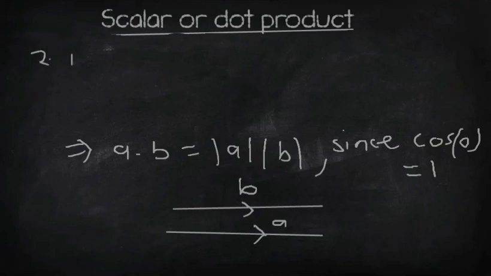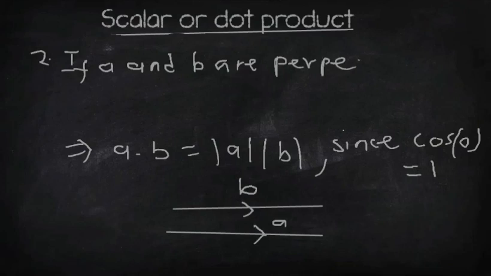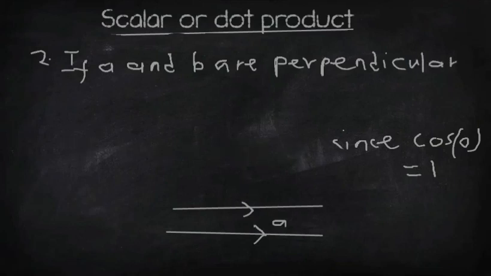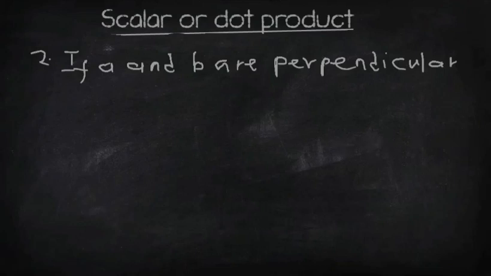Okay, let's continue. Second, if a and b are perpendicular, that's they meet at 90 degrees, and you all know that cos 90 is 0.